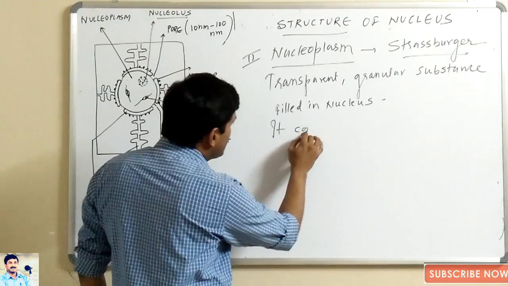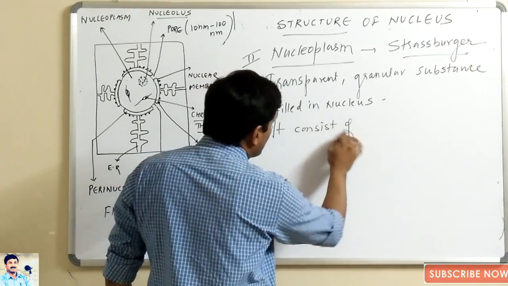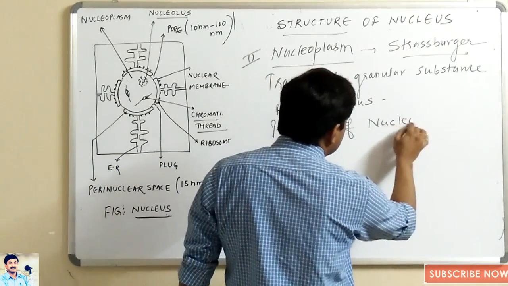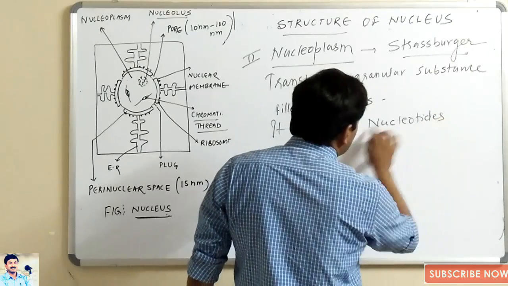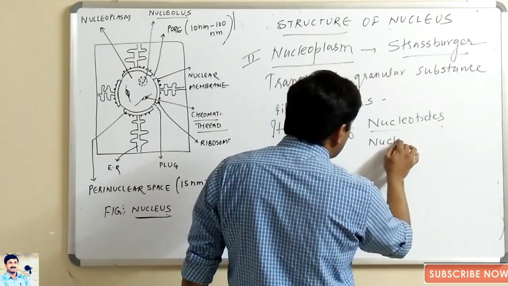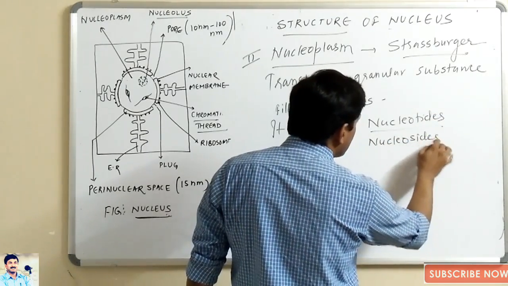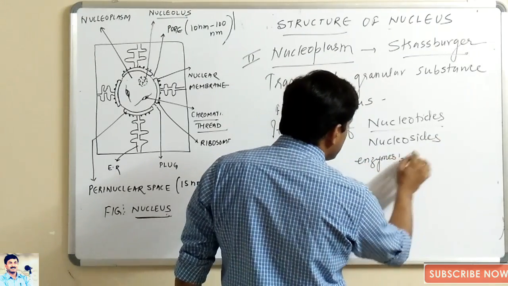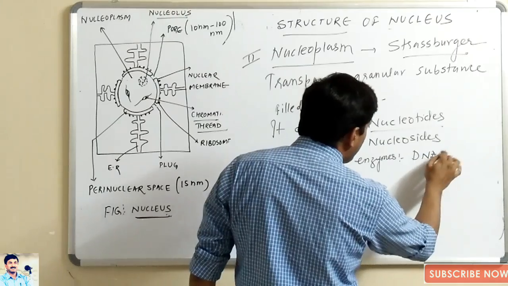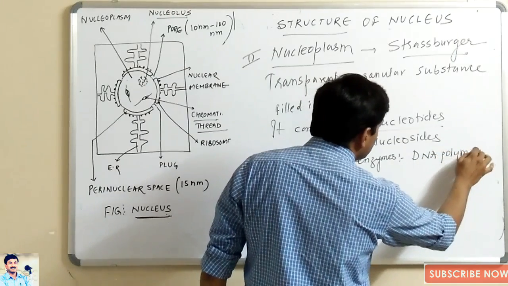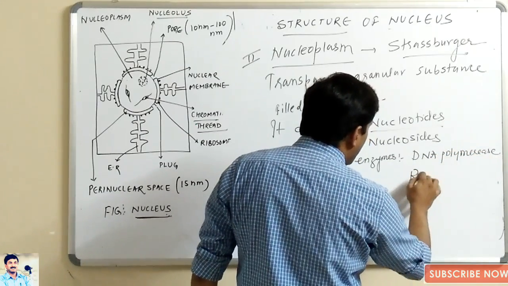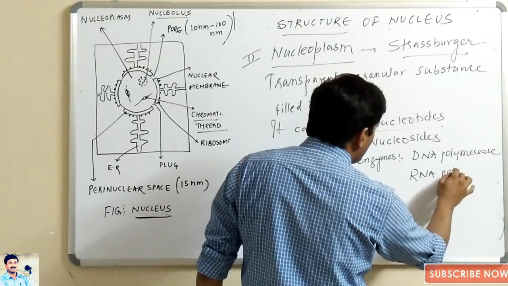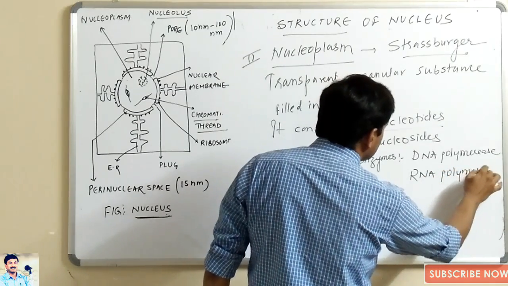And now what does it consist of? It consists of nucleotides, nucleosides, various enzymes such as DNA polymerase, RNA polymerase.